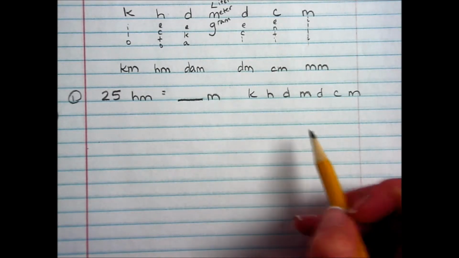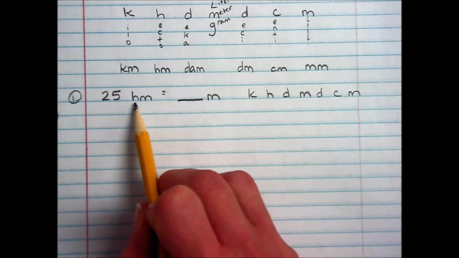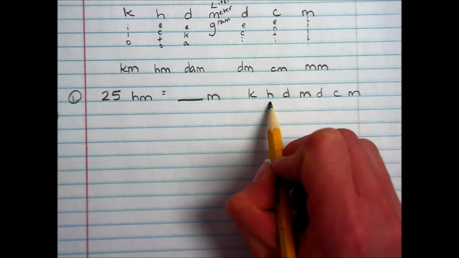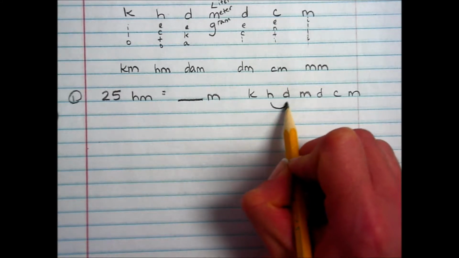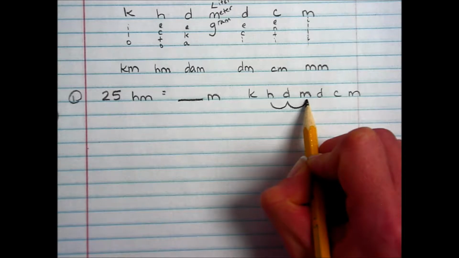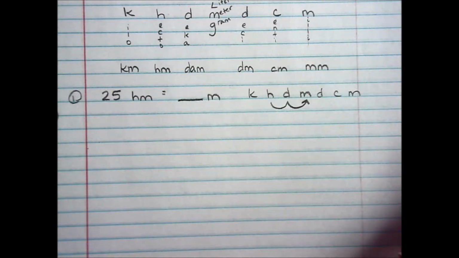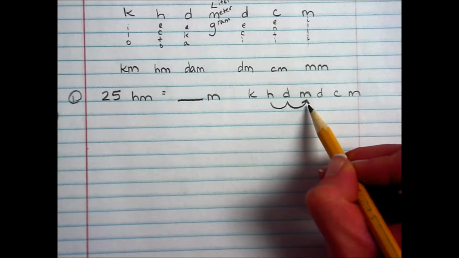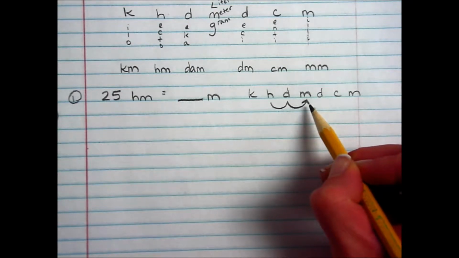Okay, so now I'm going to see how many places I'm going to move my decimal. I'm going from hecto to plain meter. 1, 2. Notice I put my arrow at the end as well, so I'll remember the correct direction to move my decimal.